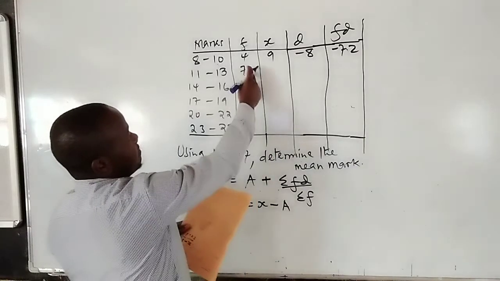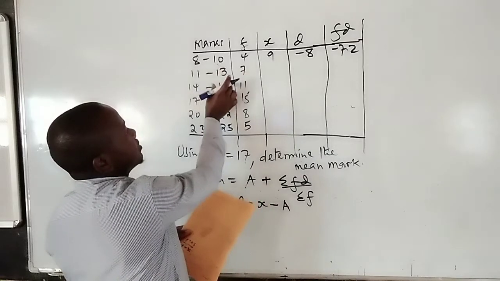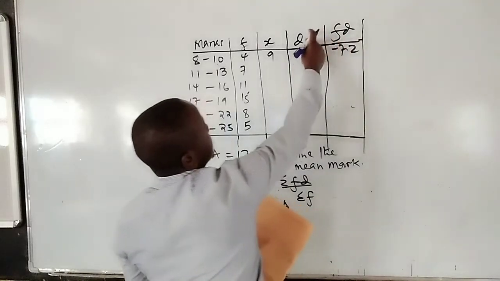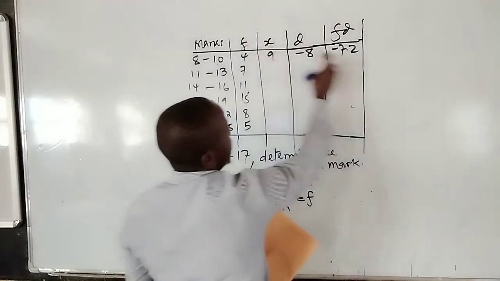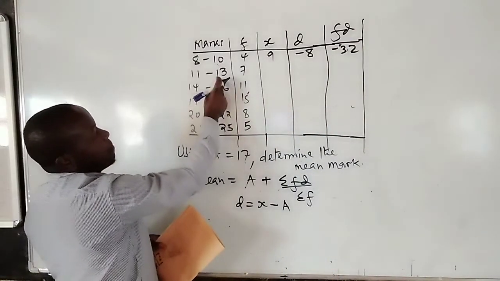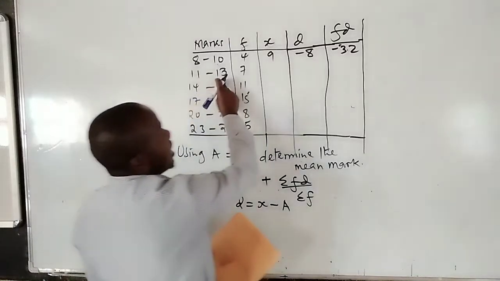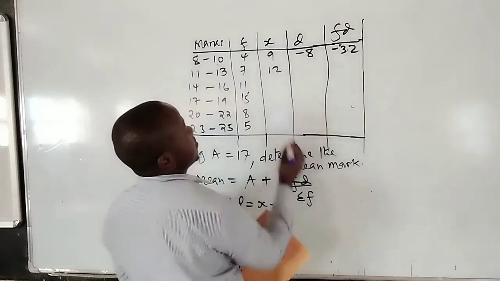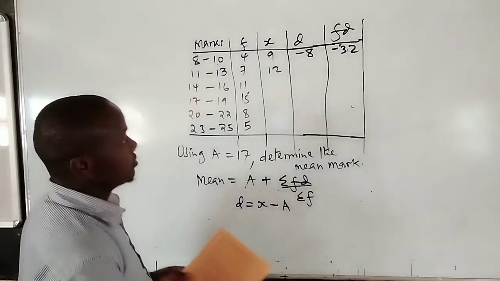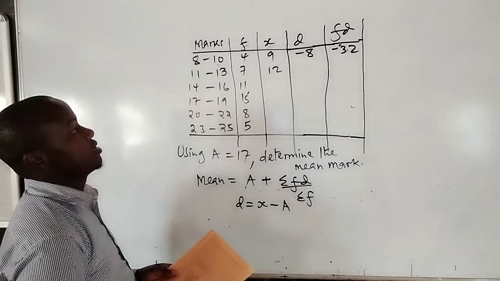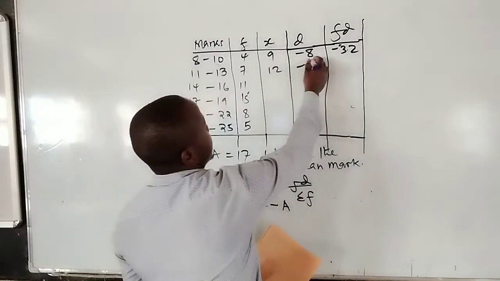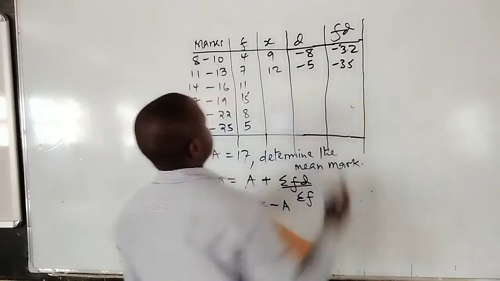Then the next midpoint is 12. 12 minus 17 would be negative 5, by 7 gives negative 35.